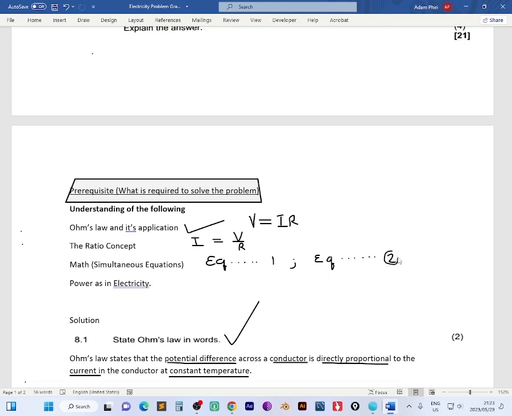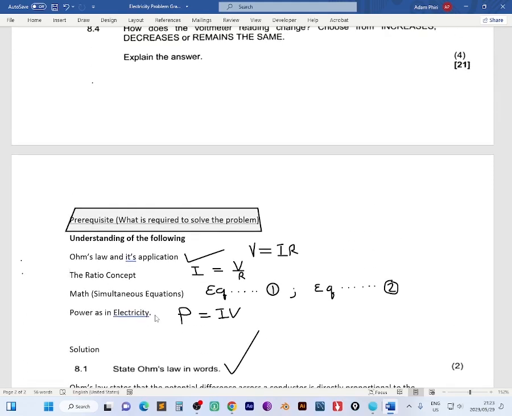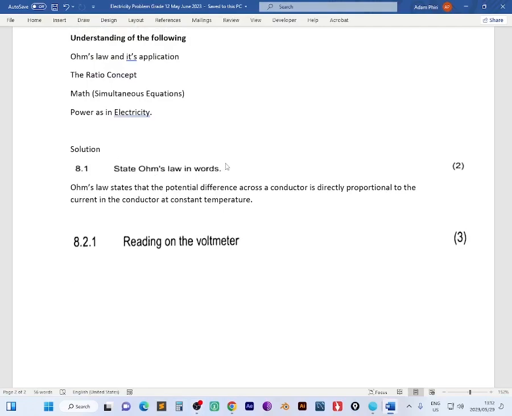If you have two unknown values, you'll have to use simultaneous equations as long as they are related. We are also required to solve for power. Power is current times potential difference, but you can also check the formula sheet for different expressions of power depending on what you have. So those are the requirements: Ohm's law, ratio, and so forth.